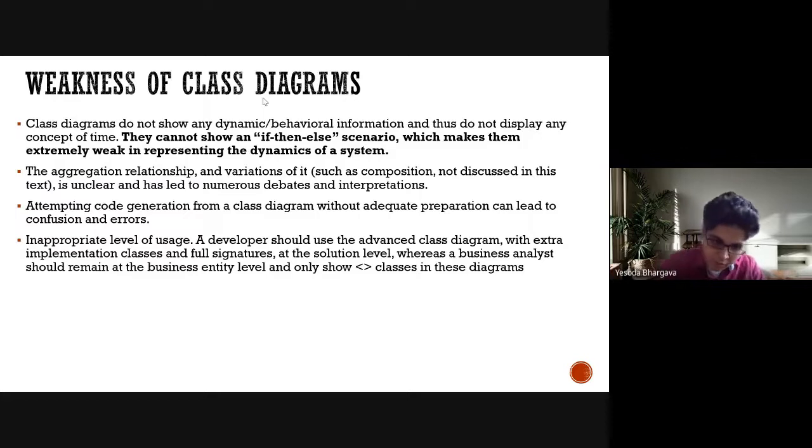Although I don't really believe in time in general, but in class diagrams also you cannot show an if then else scenario, which makes them extremely weak in representing the dynamics of the system. So sometimes you might also want to know the dynamic way of modeling the system, and tomorrow you will learn about that when you are creating your own state diagrams. So that is one of the weaknesses of class diagrams.